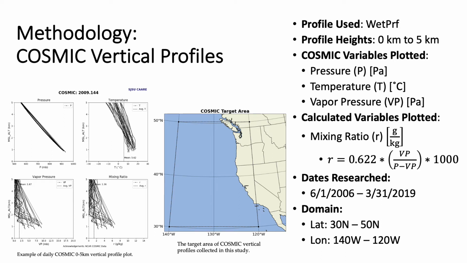So basically we went through the entire lifespan of COSMIC-1, and we focused our domain in the Pacific Northwest and down at the southern border of California. So 30 north to 50 north, and then 140 west to 120 west, as you can see in the figure right here.